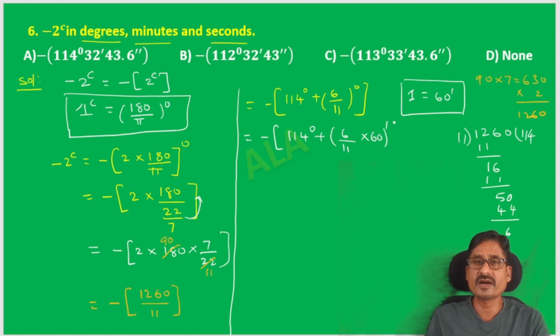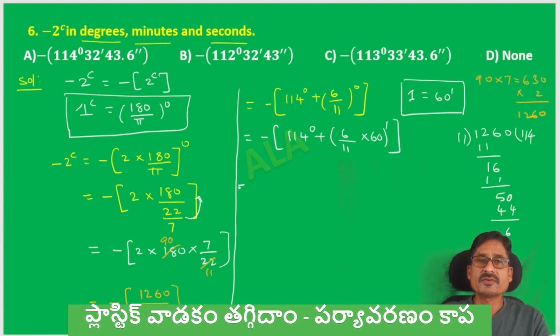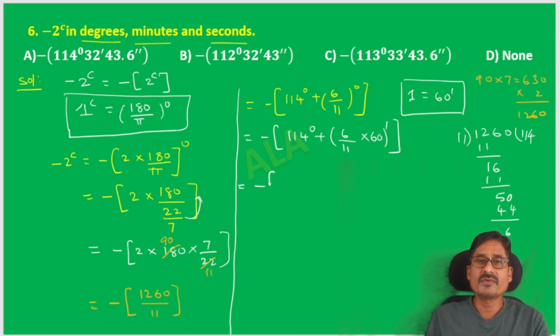Totally this is in the form of minutes. Now that is equal to minus of 114 degrees plus 360 by 11 minutes.